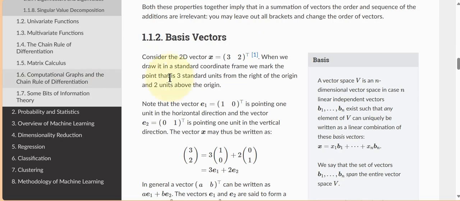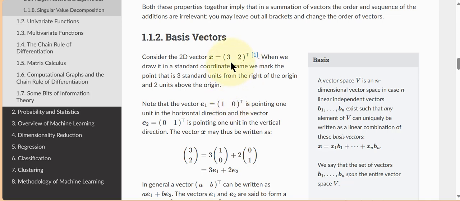Okay, the next thing is basis vectors, and let's take an example. They say, suppose we're talking about R2, so 2 dimensions, and here we have x equal to this vector. We want to write vectors vertically, but here they wrote it horizontally.